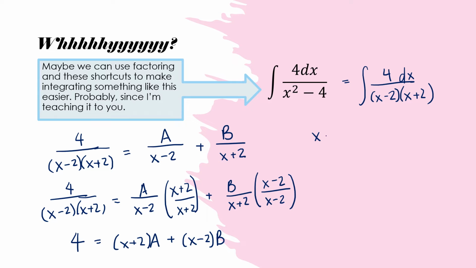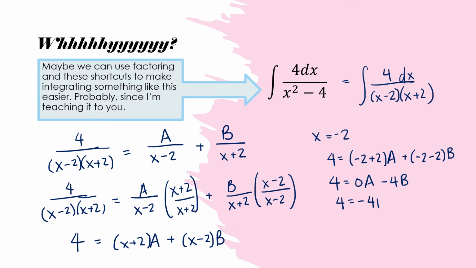But if I choose x equals negative 2, my math will become 4 equals minus 2 plus 2, and that's why I chose it, A plus negative 2, B. So I get 4 equals 0A minus 4B, which essentially gives me 4 equals negative 4B, and it tells me that B has to be equal to negative 1 in this equation.